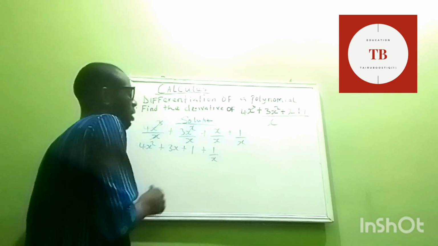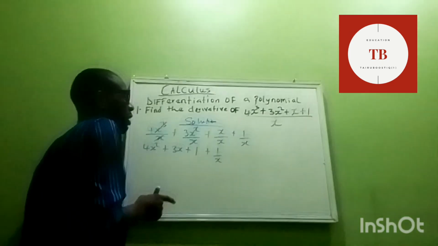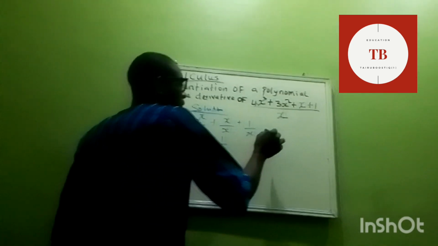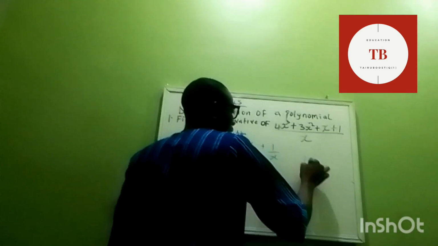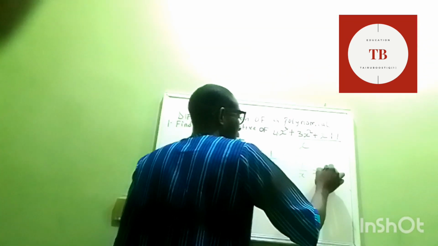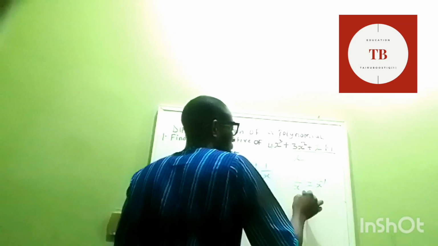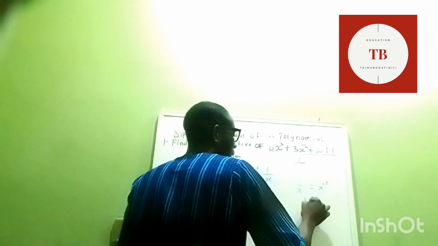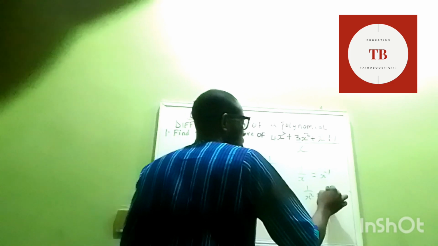Here we have to apply the law of indices. According to the law of indices, when we have 1 all over x, we can write it as x raised to power minus 1. And when we have 1 over x squared, we can also write it as x raised to power minus 2.